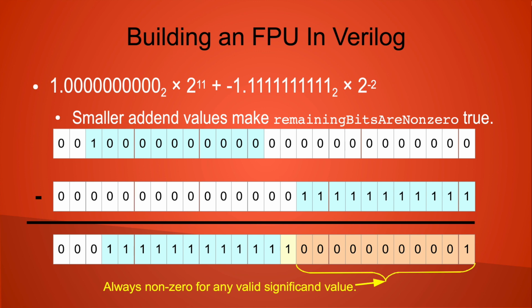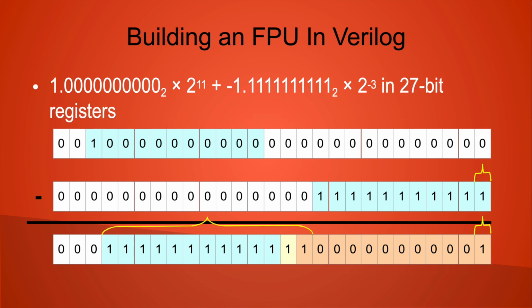Only the bottom nsig bits, that is the bottom 10 bits of the significand for the binary 16 format, may ever be 0. We can see that from this point on, the deciding bit will always be 1 by making the augend, addend, and sum registers 1 bit larger, and by shifting the addend 1 bit farther to the right.